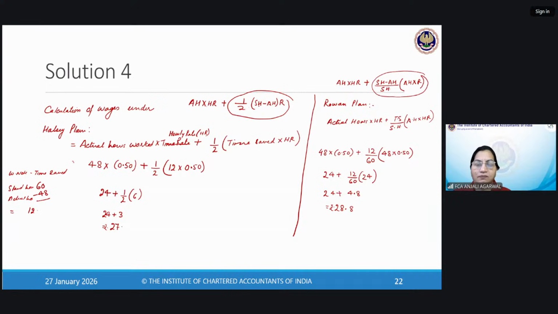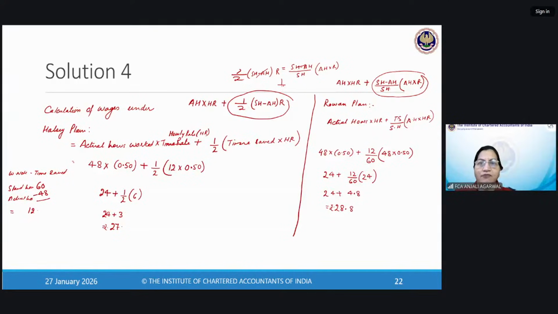Okay. So if you look at the two equations, half into standard hours minus actual hours into rate is equal to standard hours minus actual hours upon standard hours multiplied by actual hours into hourly rate. So once again, you see that everything is in multiplication, so this gets cancelled.